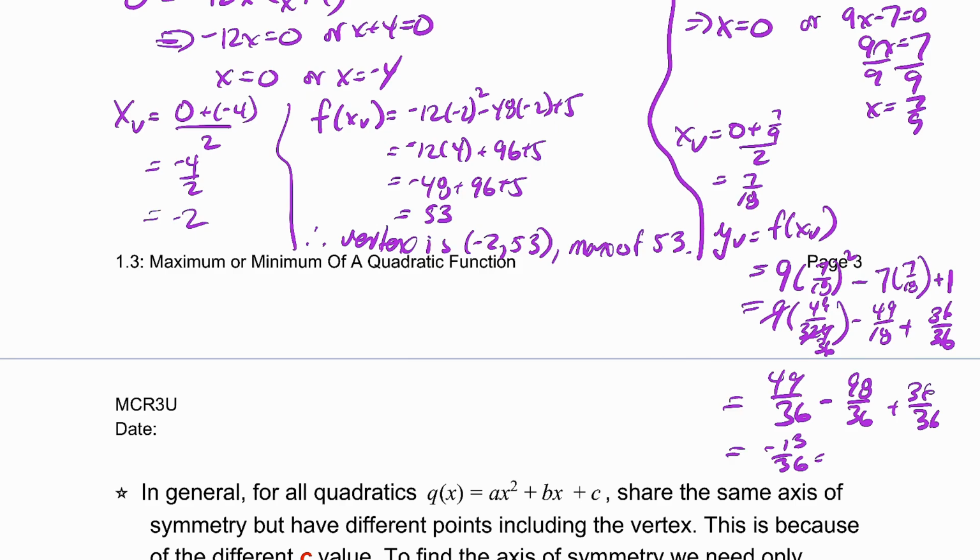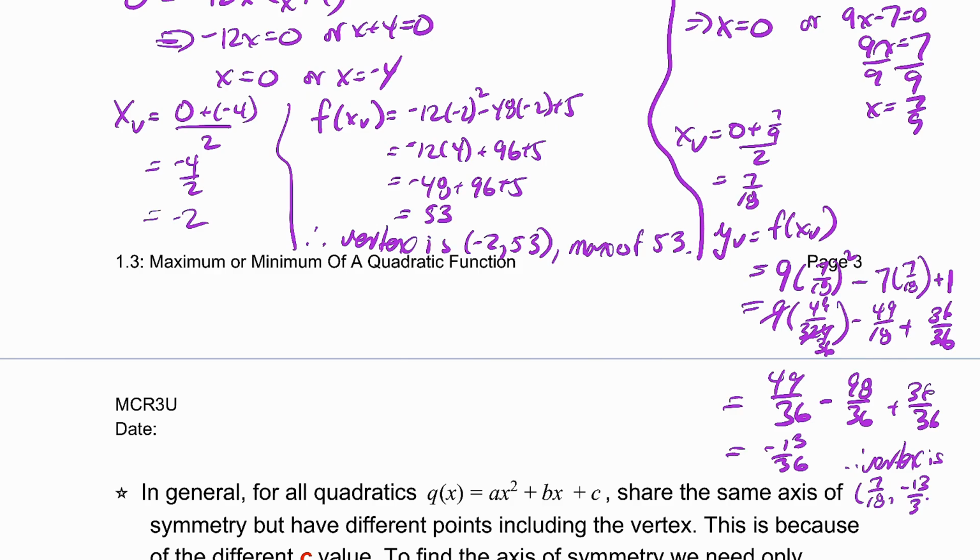Oh, I thought it was 8. Nope, we can't simplify that anymore. So therefore the vertex is at 7 over 18, comma negative 13 over 36.